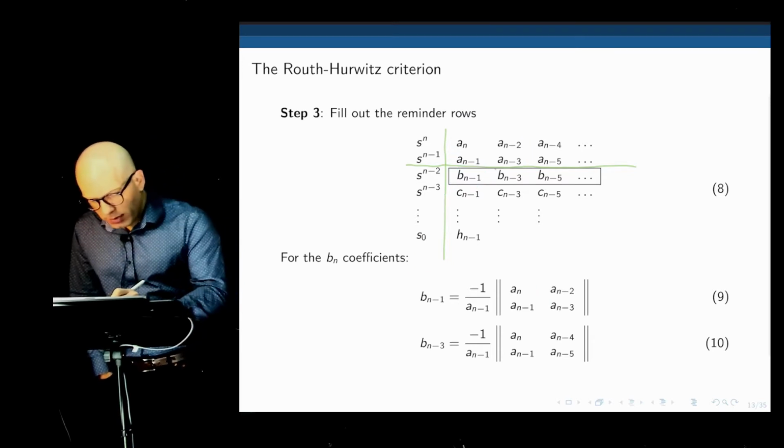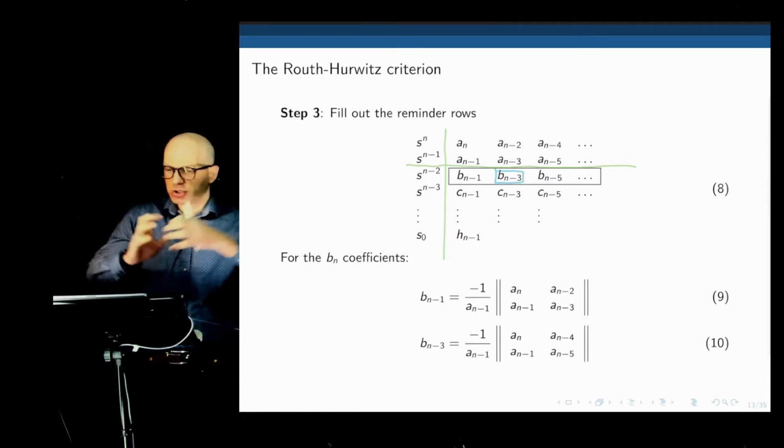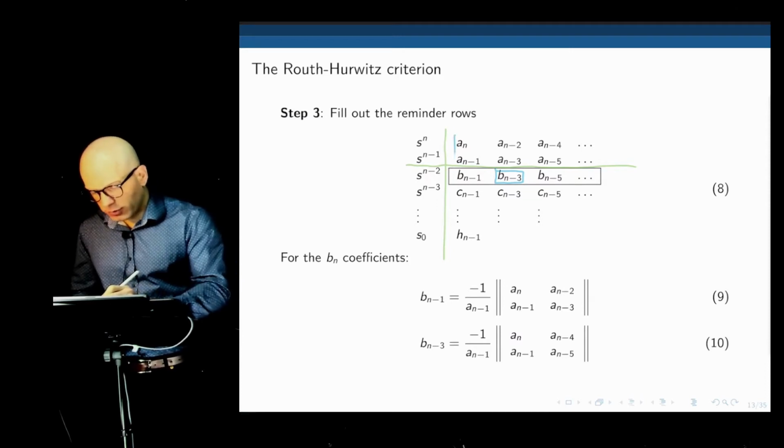If we now go to b n minus 3, we can repeat the operation, but now we stretch the determinant by one column. So instead of taking the first two, we take the first one here and the third one, and then you do the determinant like that.